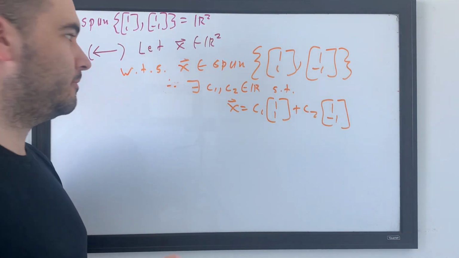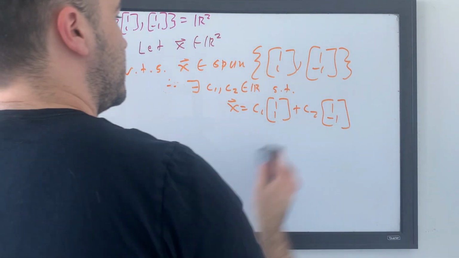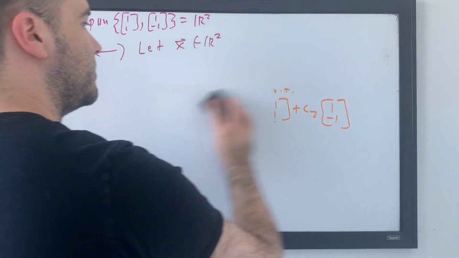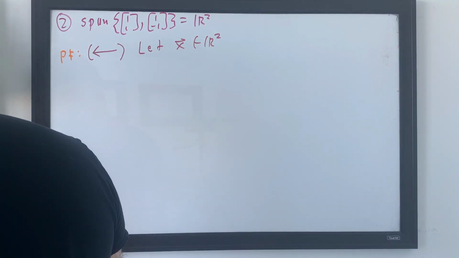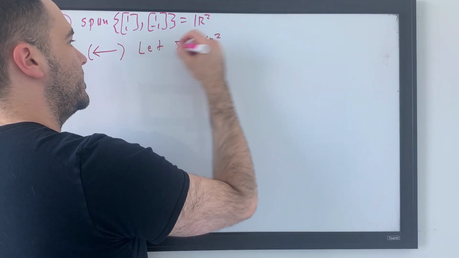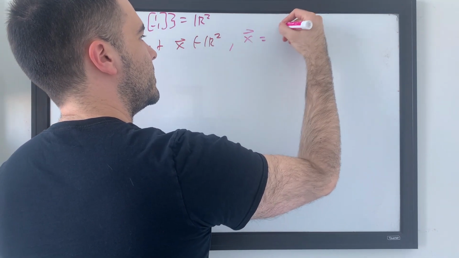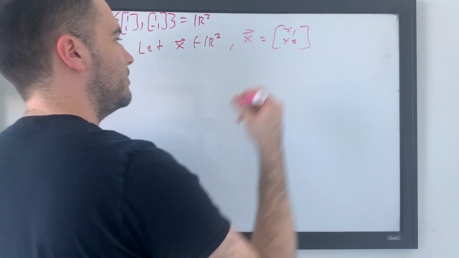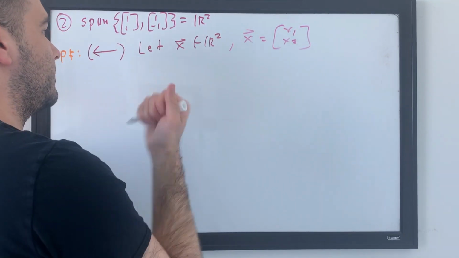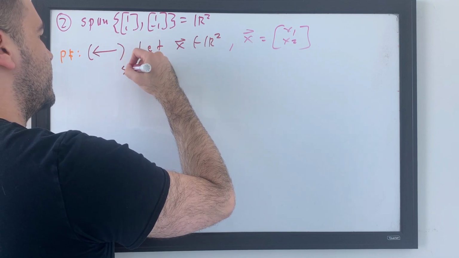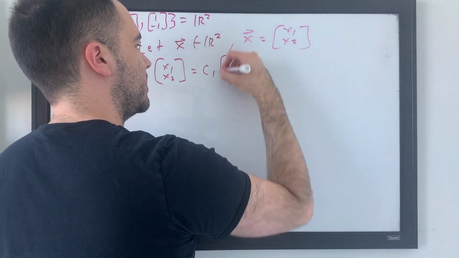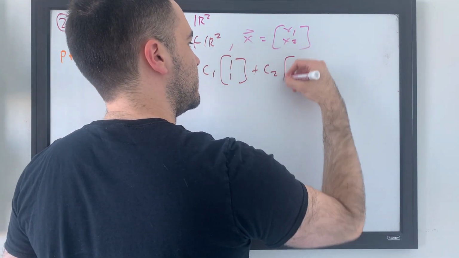So let's try that. We know what we want to show. We need to find C1 and C2 such that these are combinations. So we will say x is equal to (x1, x2), and now we will set (x1, x2) equal to C1 times (1, 1) plus C2 times (1, -1).